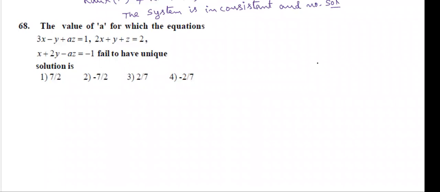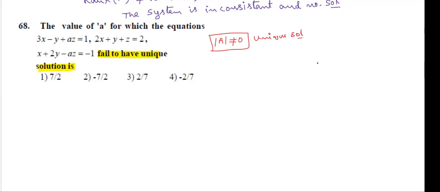68th question. The value of A for which the equations fail to have a unique solution. Unique solution means what is the shortcut formula? Det A not equal to 0.